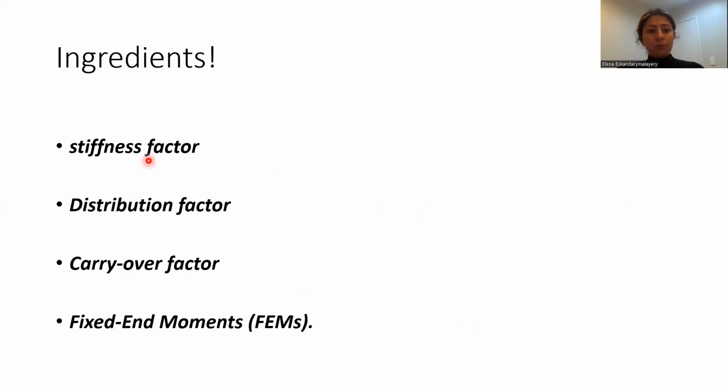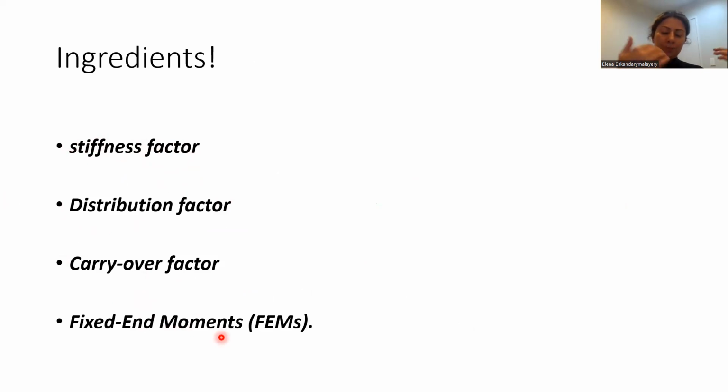So we have some ingredients for this method, or factors that we need to calculate or find before we can use this method. So we have these four factors that you need to calculate.